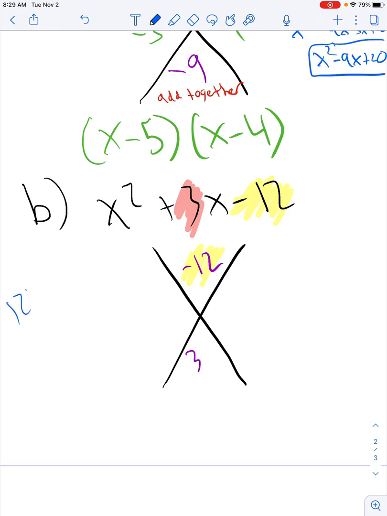And again, if I think about the factors of 12, 1 and 12, 2 and 6, 3 and 4, there's really no way that I can get that. So for right now, we're going to say that this one cannot be factored.